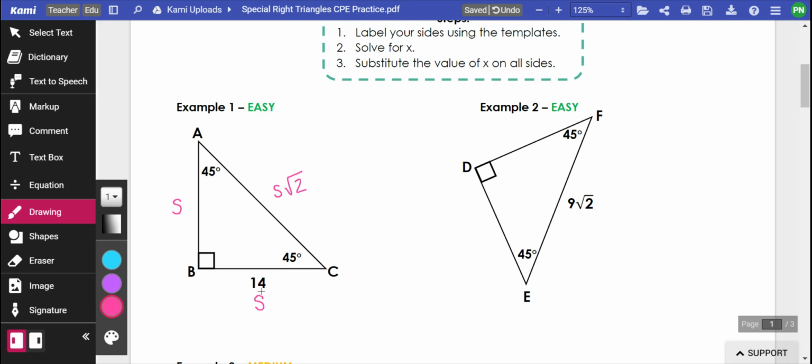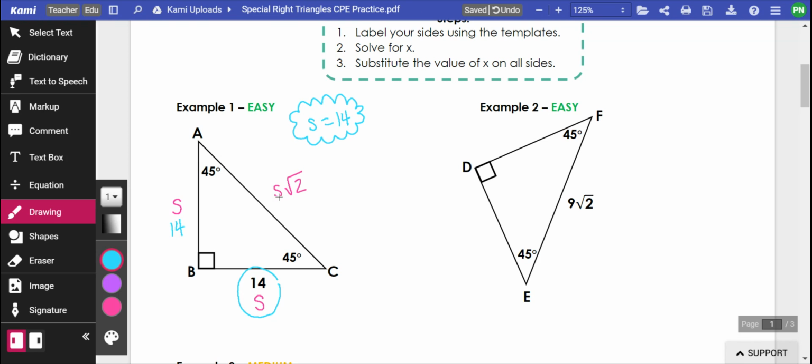And so here I already have my value for s. I know that s is going to equal 14. So I'm just going to put that as a little thought bubble. And now, once I know that, I can plug everything else in. So this is going to be 14 as well.